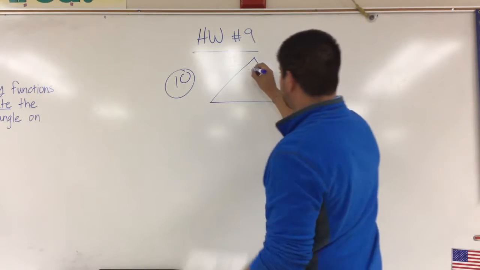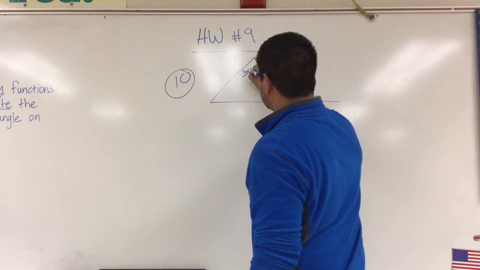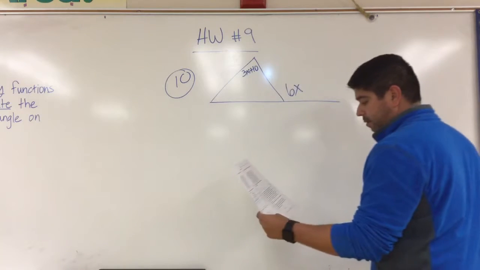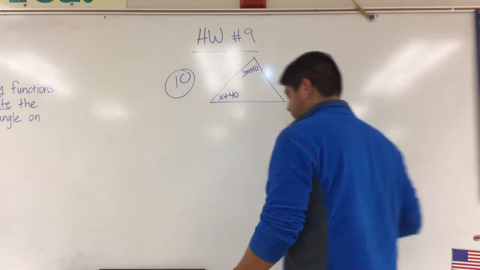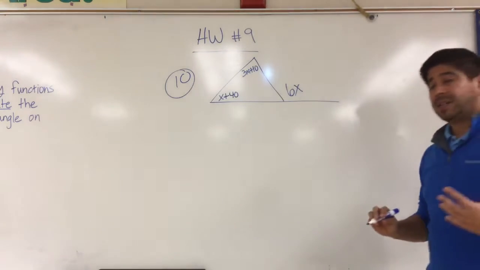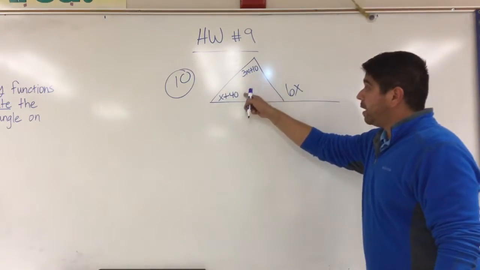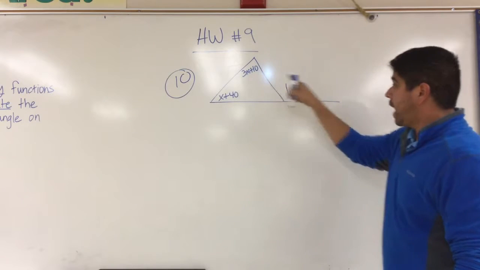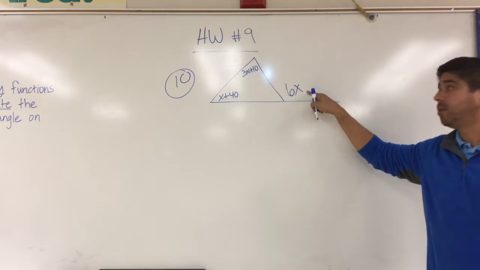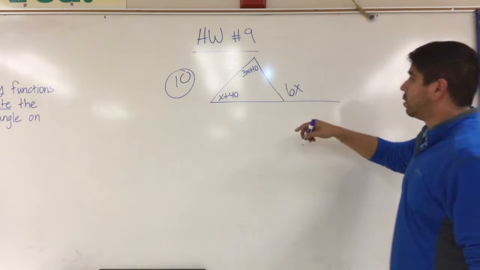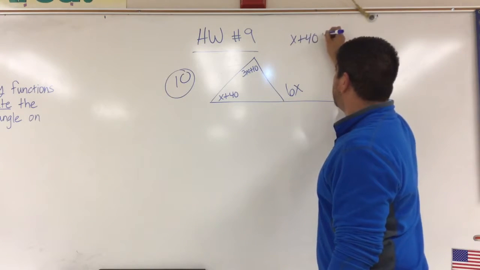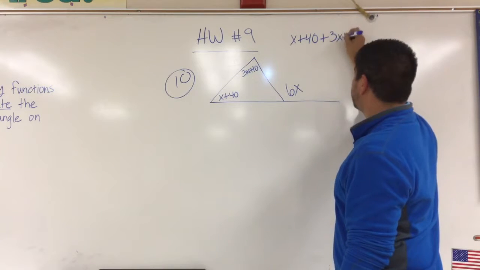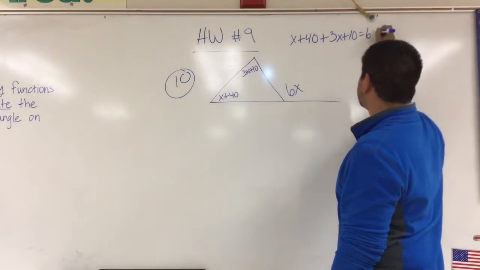Here I have 3x plus 10 as that angle, and then here I have x plus 40. Okay, so these two angles, remember, add up to this one, so they can be equal to each other. So we can say x plus 40 plus 3x plus 10 equals 6x.